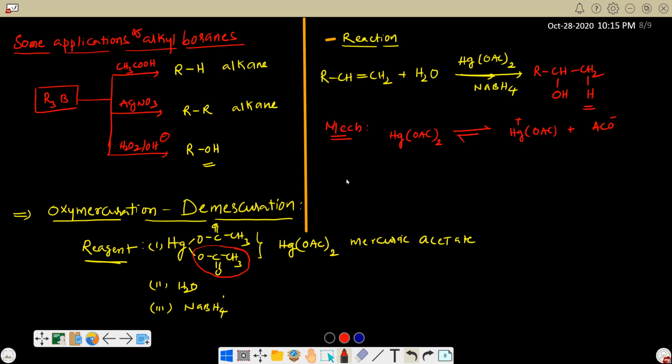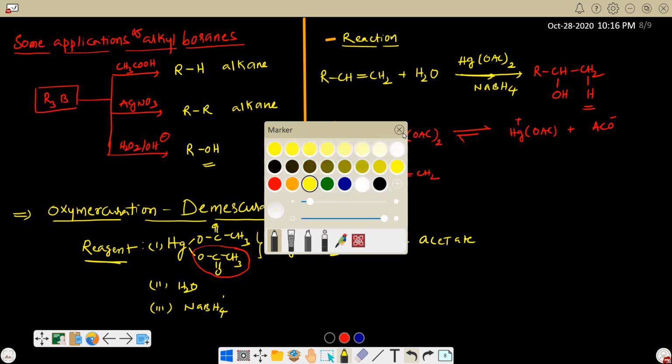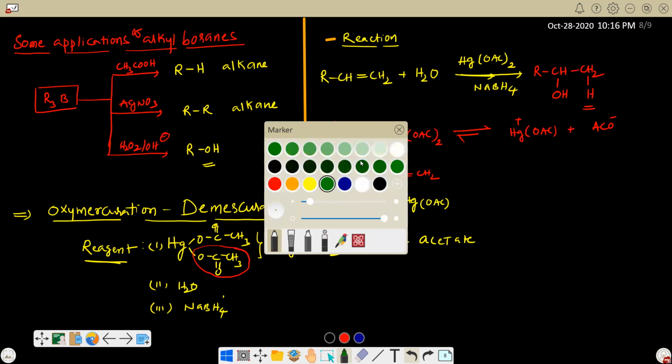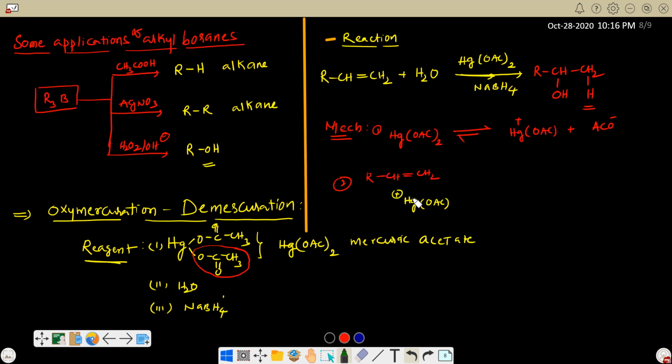And do remember in the second step, R CH double bond CH2 is there, plus I am writing this mercury ion as Hg OAc, like this. It is plus. So what happens here, simultaneously two things happen.